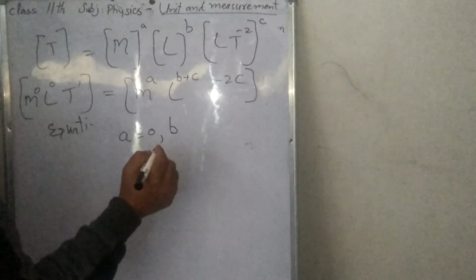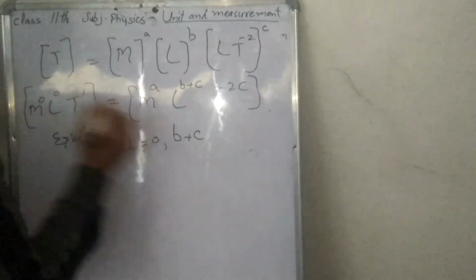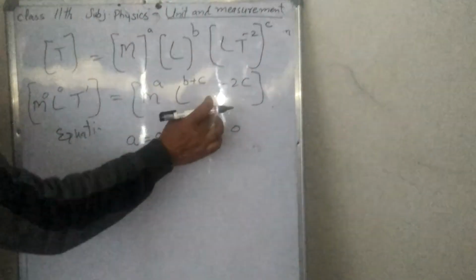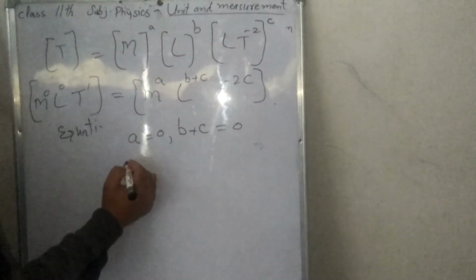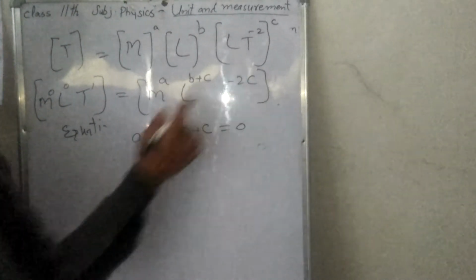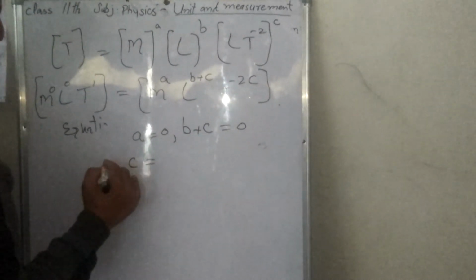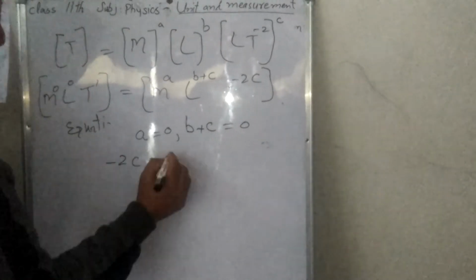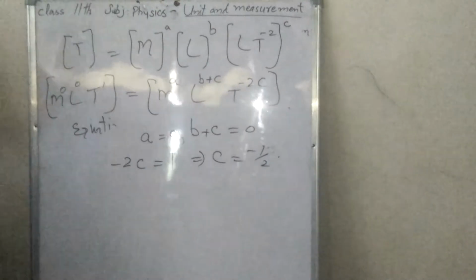Power of L: b plus c is 0. And the power of T: minus 2c is equal to 1. This implies c is equal to minus 1 by 2.